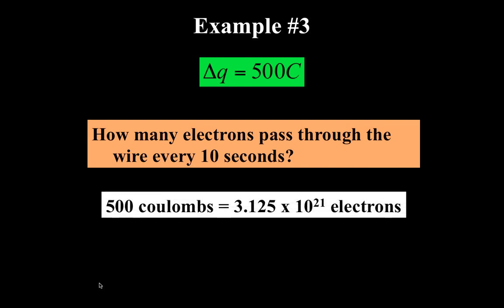If I want to solve for this, I can use the formula Q equals N E. Don't forget the formula, Q equals N E, where Q is 500 coulombs, N is what we are solving for, and E is, of course, your elementary charge. Solving for that, you will get 3.125 times 10 to the positive 21 electrons.